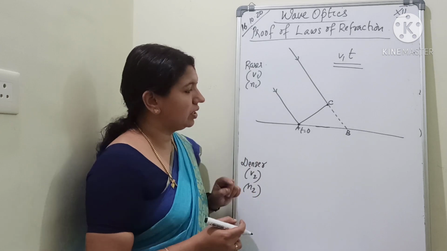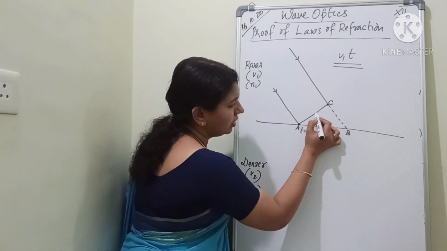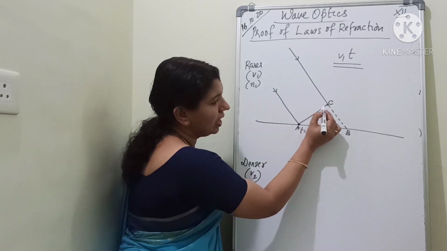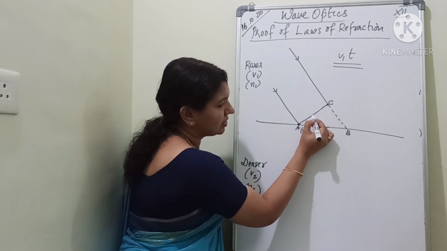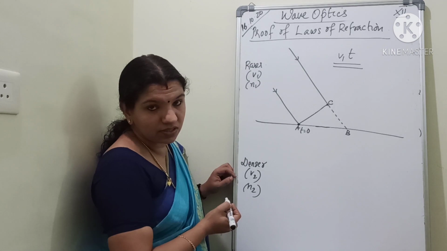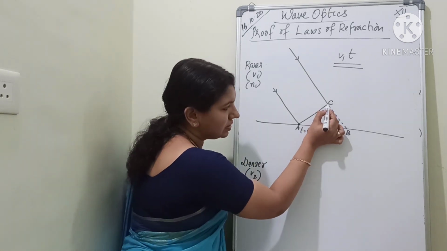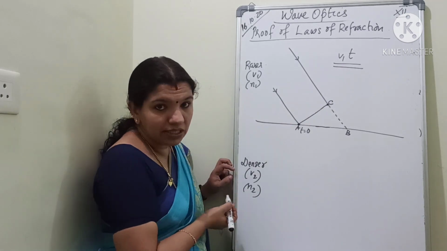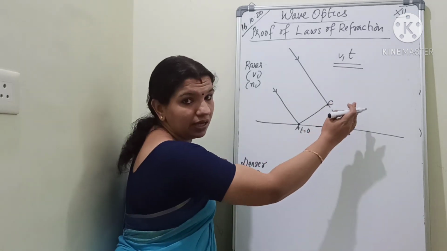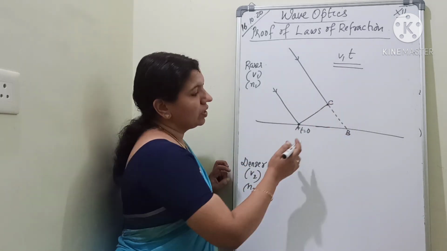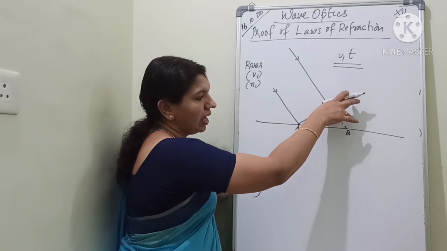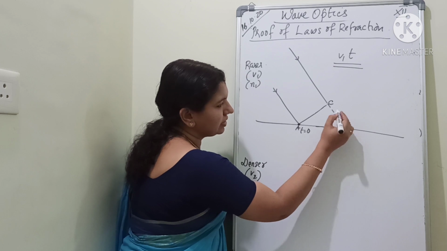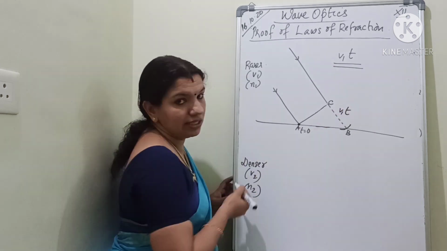And here this is a source of disturbance. This is a wavefront and each point will act as a source of secondary disturbance. So from here C, it will move to a distance of v1t, isn't it? In the first medium, v1 into t. So I can draw an arc at the point B with a distance of v1t.